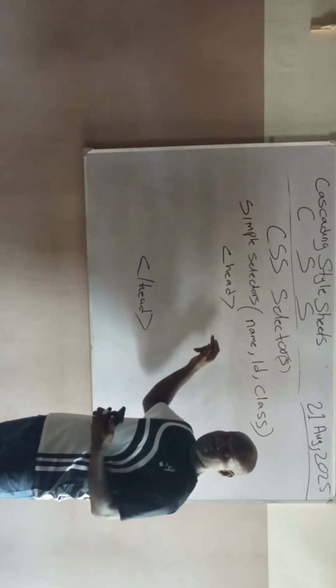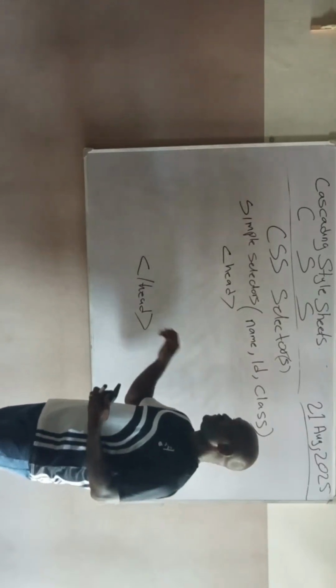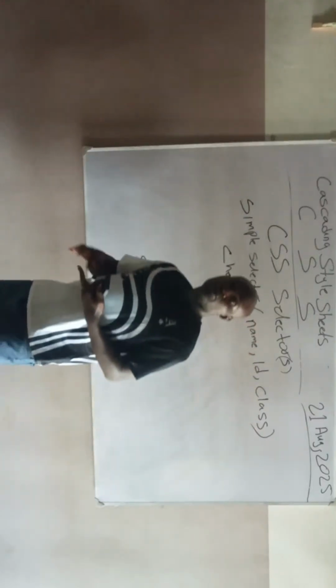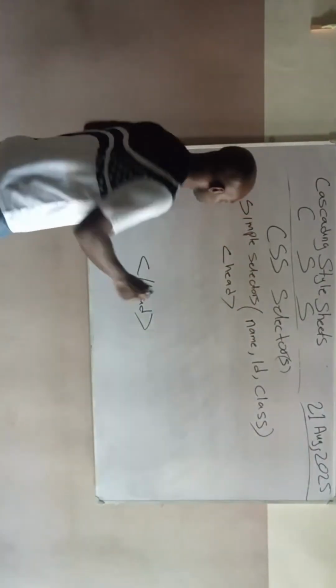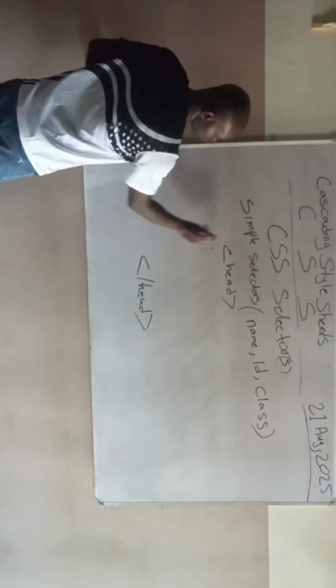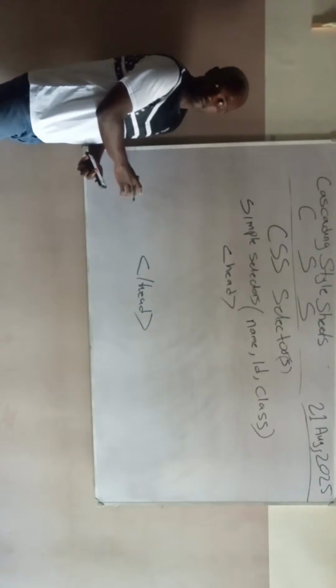Apart from using style as an attribute to import your CSS, if you want to declare it in a block, you will use an element known as what? Style. It should be inside your head, after the meta tags.